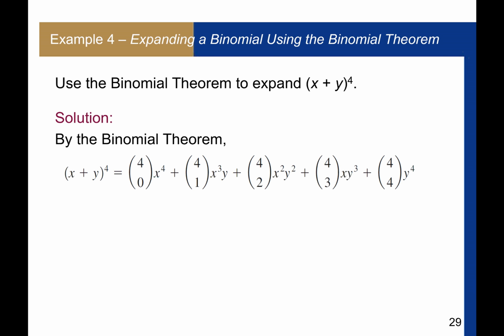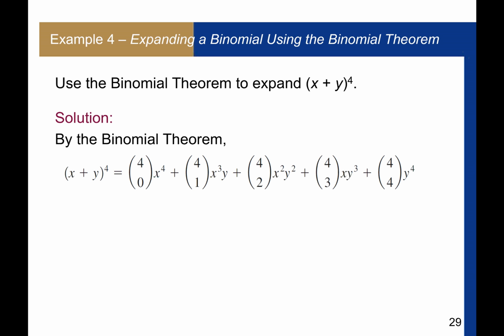Then our x's go from x to the fourth, third, second, first, and 0, where it disappeared. The y's are increasing: there is no y in the first term, then y to the first, second, third, and ending with the fourth. Now it's just a matter of calculating those combinations.